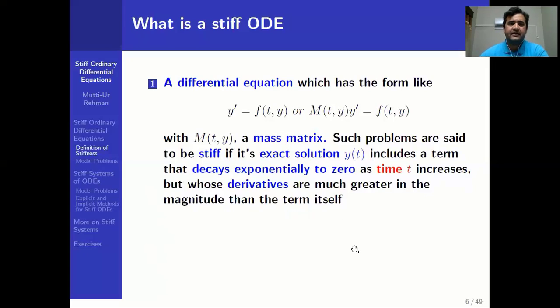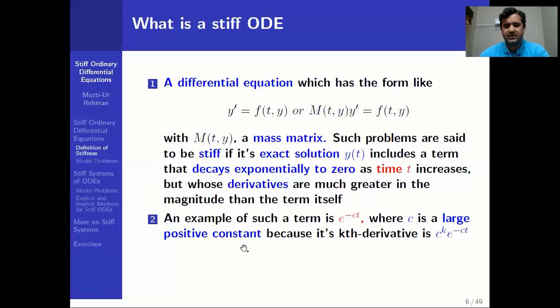We say this problem is stiff when the exact solution includes terms which decay exponentially and eventually reach zero. This is possible when you take time to be very large, of course, when you want to study long-term behavior.